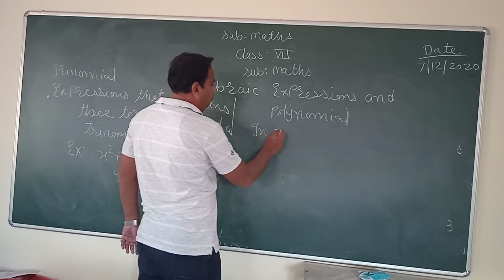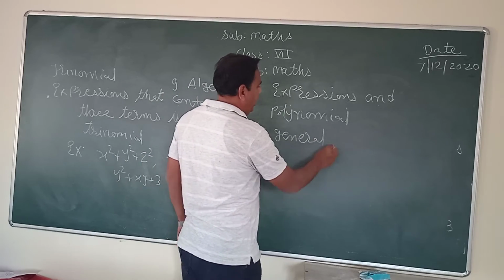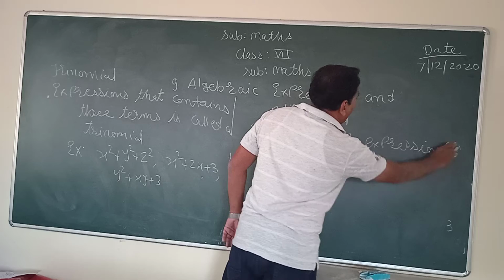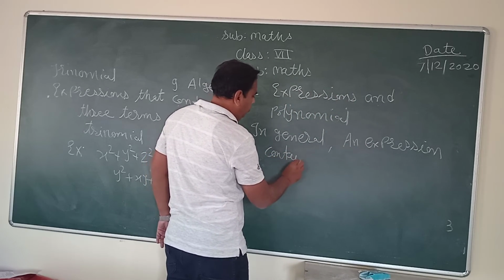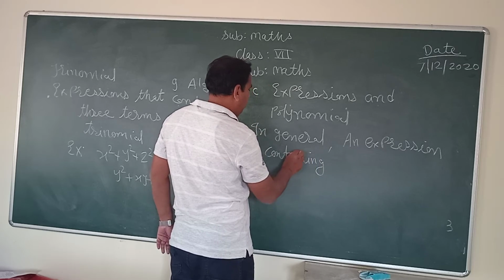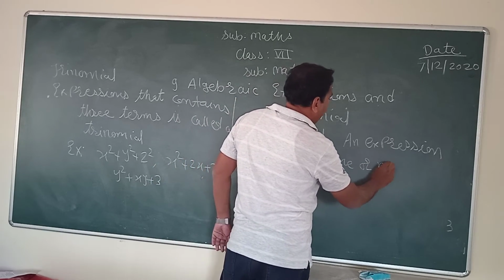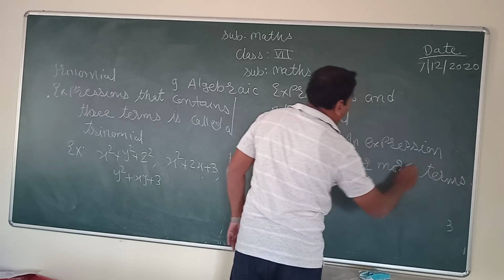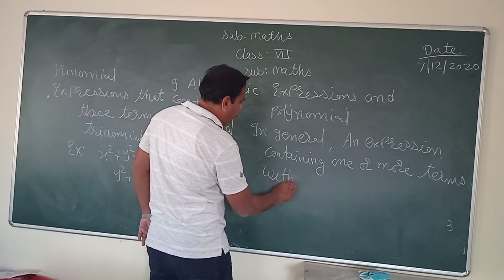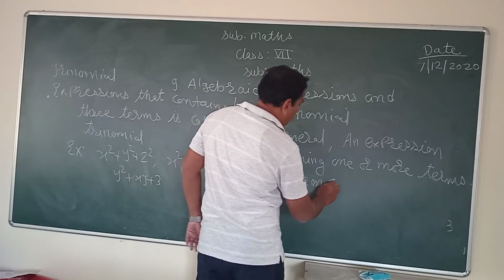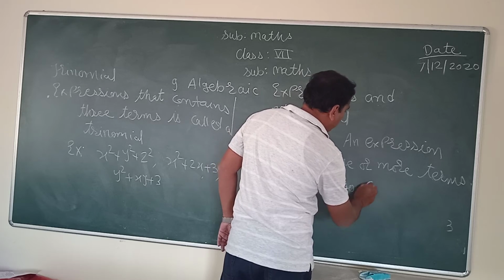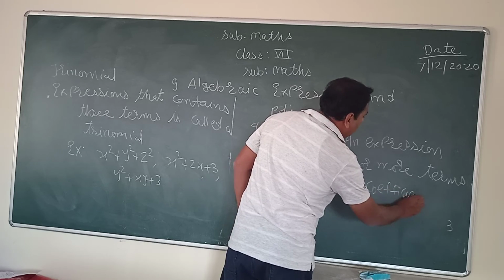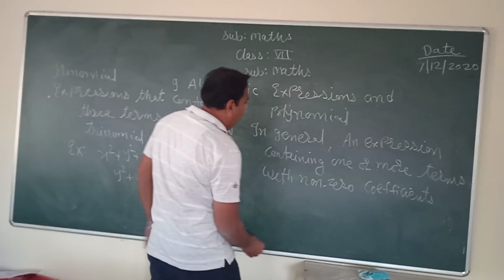In general, an expression containing one or more terms with non-zero coefficients is called a polynomial.